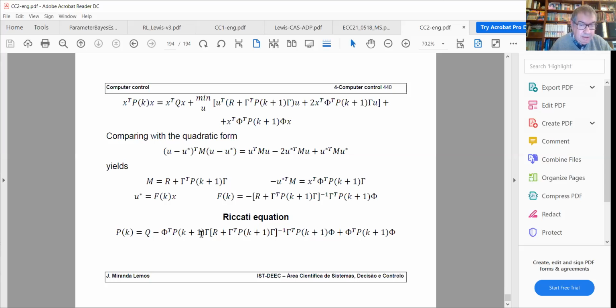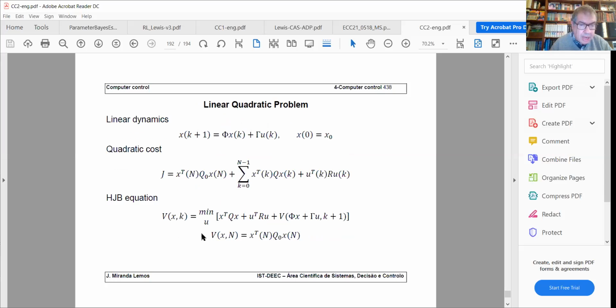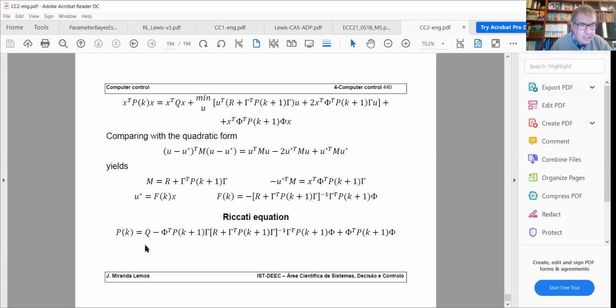Now, what happens is that if the horizon n is very large, so if it is infinite, you can show that provided that phi and gamma are controllable, remember the controllability conditions that we spoke about when we were speaking about the existence of the solution for the pole placement problem, then when n goes to infinity, PK approaches a constant.